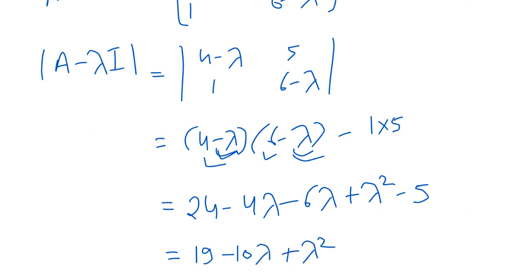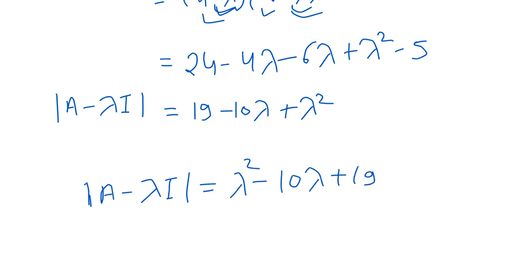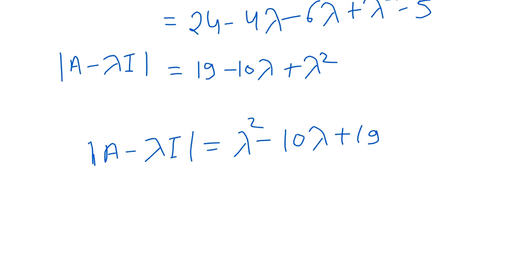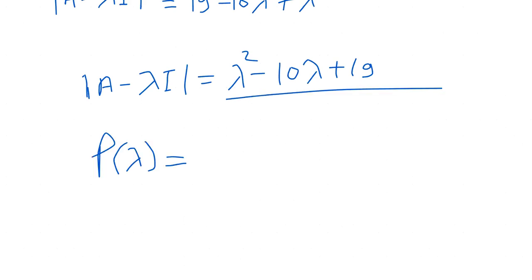Yes, madam, now I got it. We can write it in order: determinant of A minus lambda into I is equal to lambda square minus 10 lambda plus 19. So P(lambda) is lambda square minus 10 lambda plus 19.